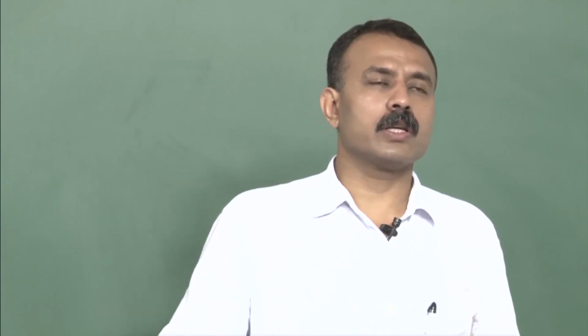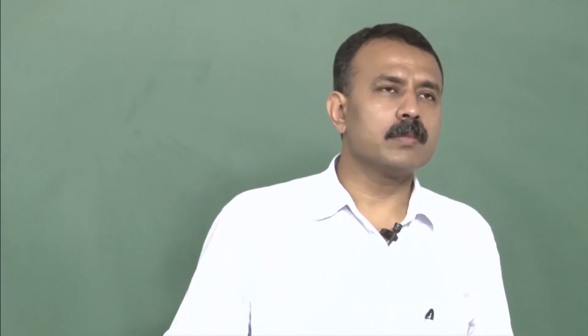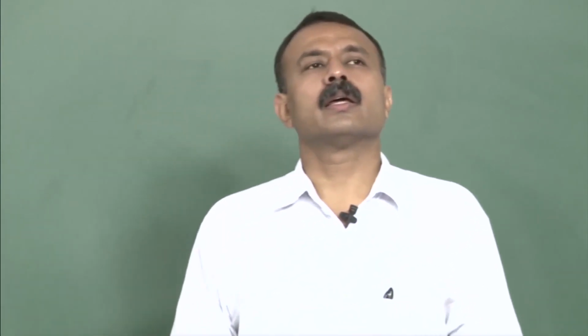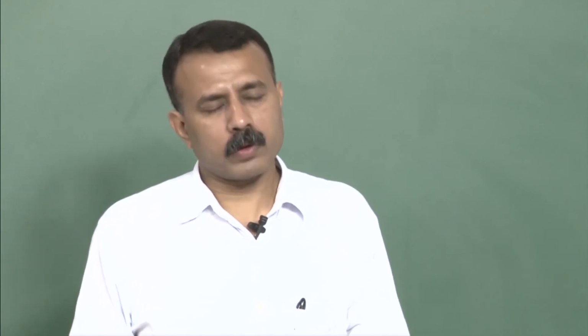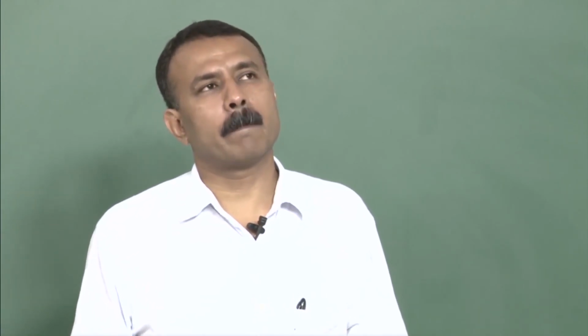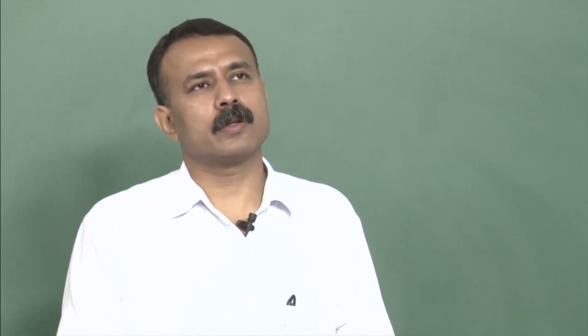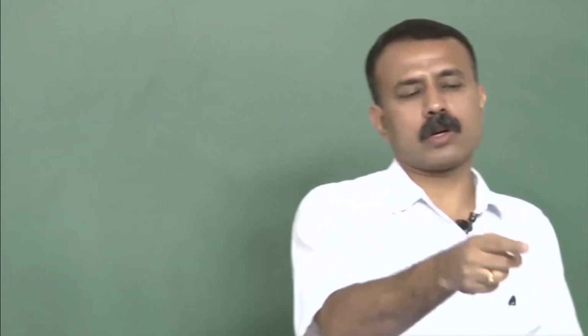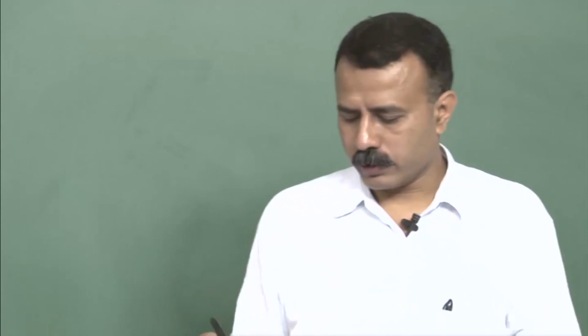One of the major functions is that the liver helps in eliminating one of the major byproducts of red blood cell degradation. So, I will just take a recap and then I will talk about a few other things.